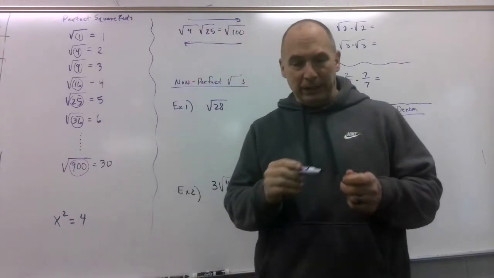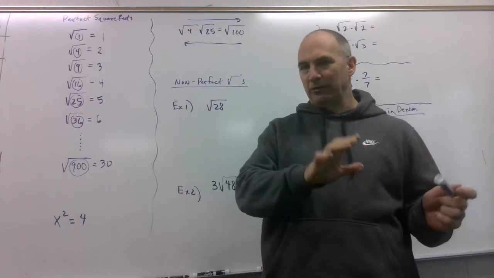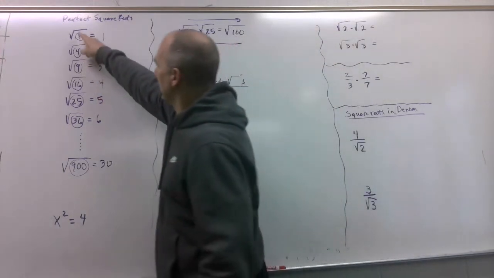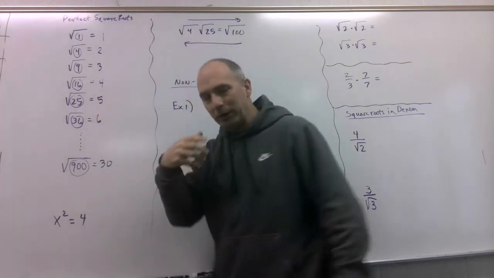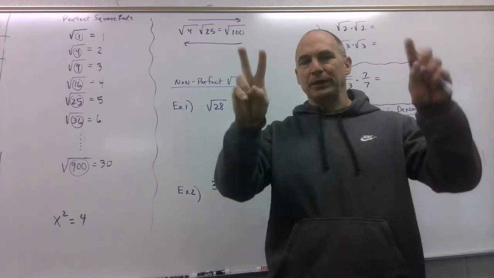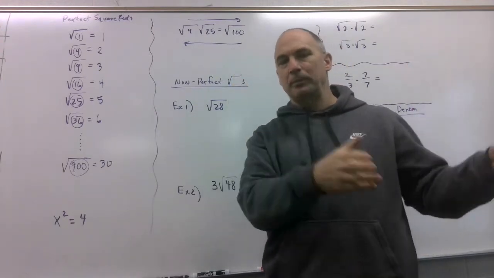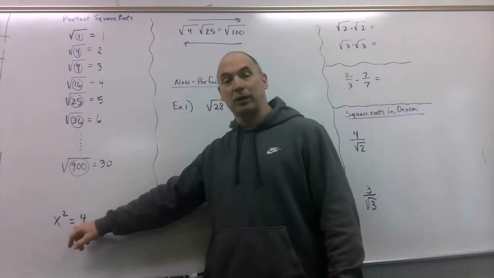Now, at this point in the lesson, I need to take a moment and show you the difference. Notice if it's written like this, you only give the positive answer. That's just one of the unwritten rules of algebra. They want what's called the principal root, which is considered the positive one. But if it's a problem like this, the instructions are going to be different.